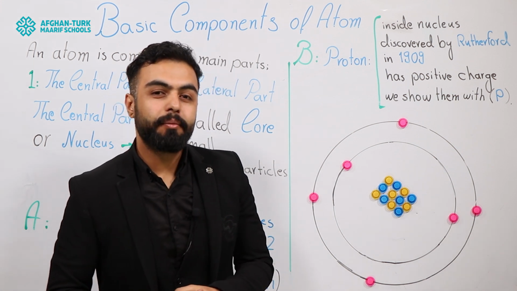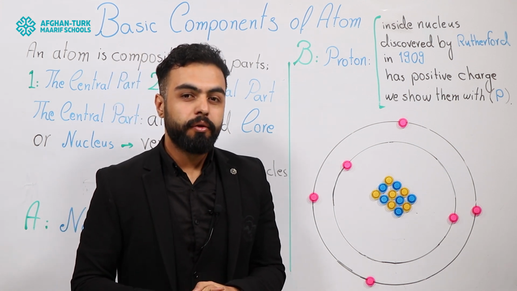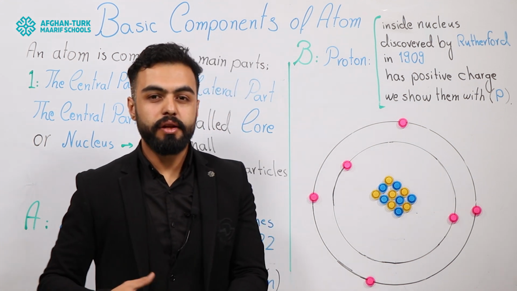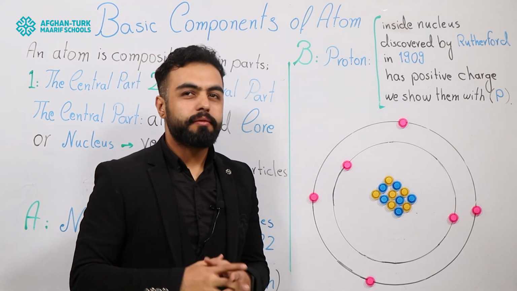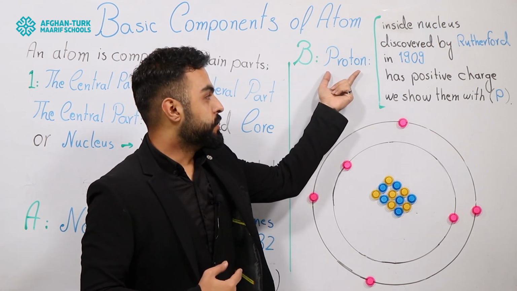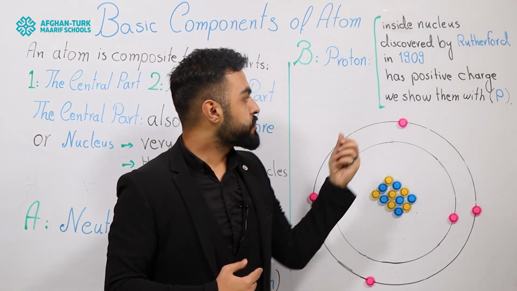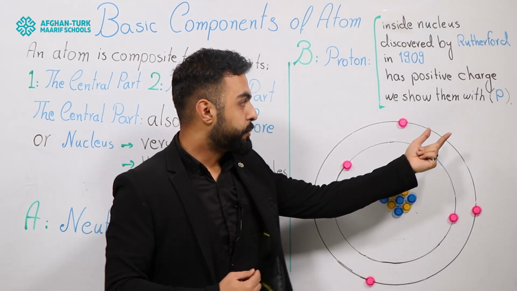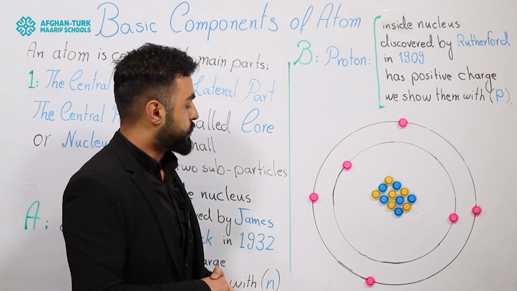When we were discussing the history of atom, we said that Rutherford discovered the positive charge, and then we talked about planetary system. So that particle was called proton. It has positive charge, and we show them with letter P. So letter P is a sign for protons.